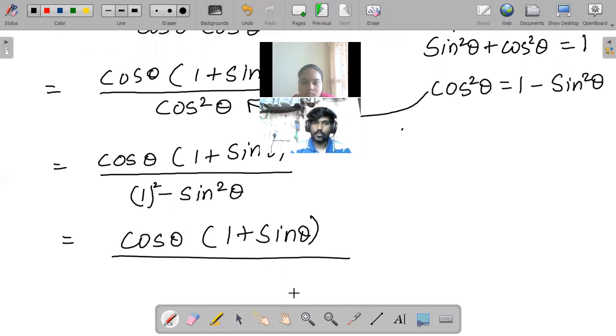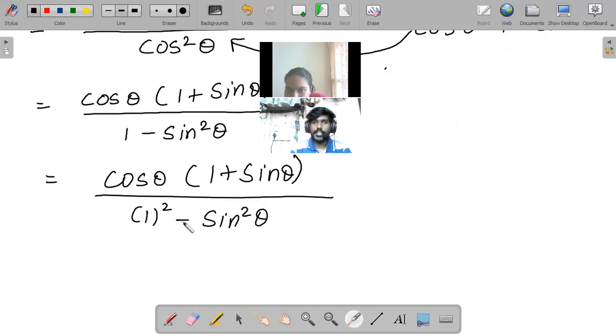Yes. I've just written it as 1 square, so I'll write it in the next step. So 1 square minus sine square theta. Now just look at the denominator. Numerator is the same everywhere. If you see, this is of the form a square minus b square. Is it?